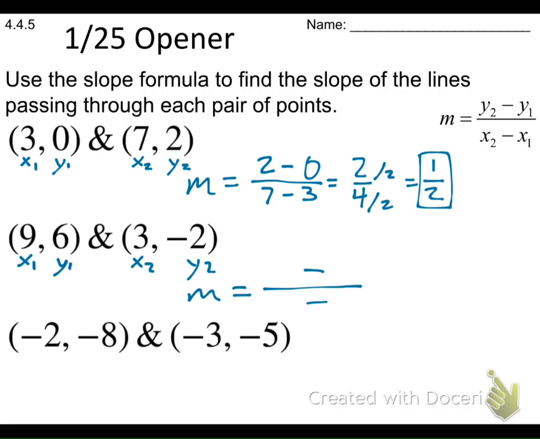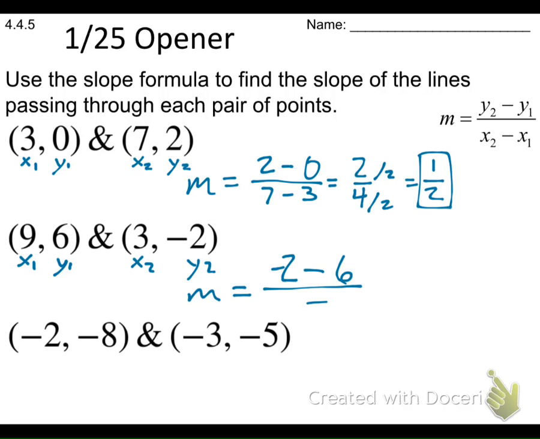So what's y2? 6. -2. And what's y1? 6. Right. Way to recover.